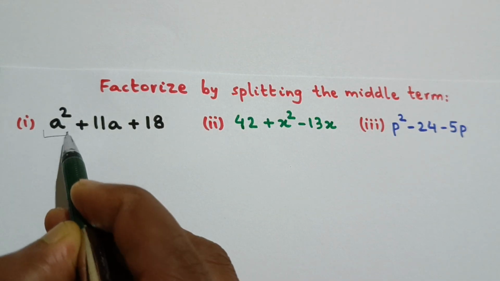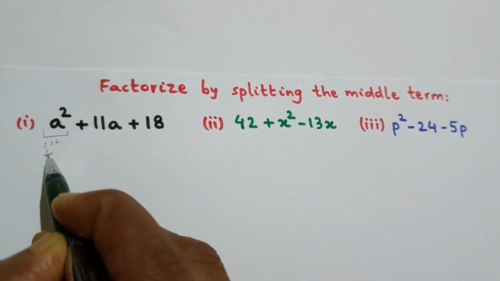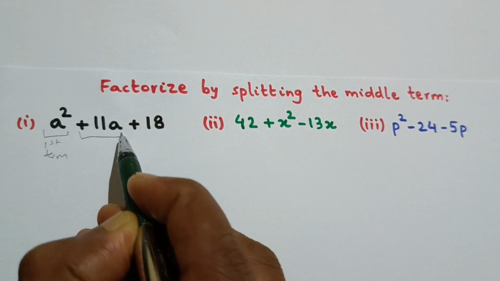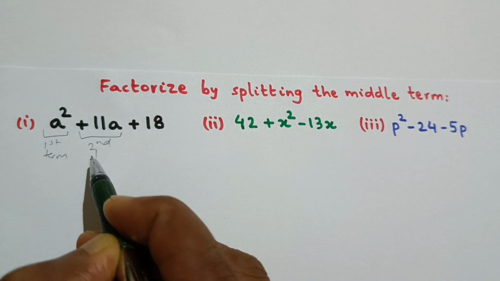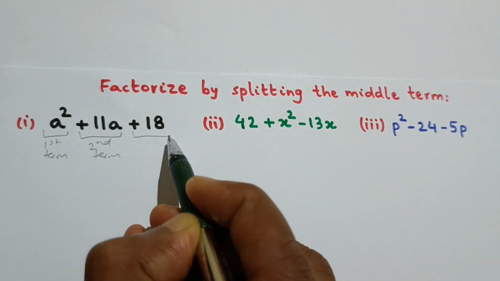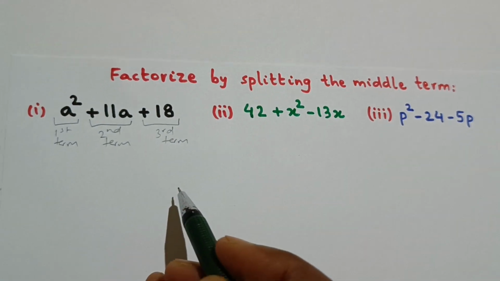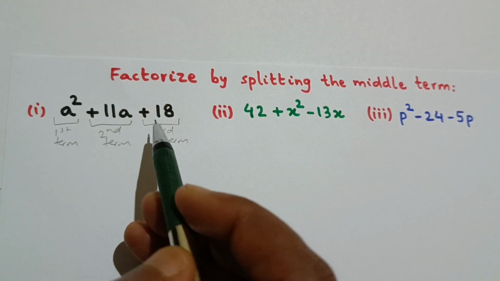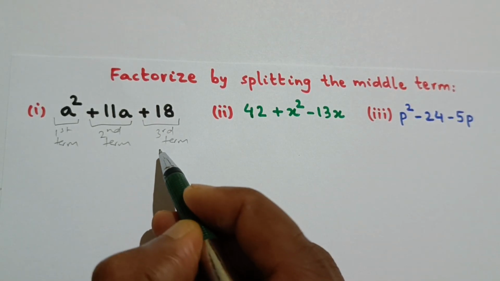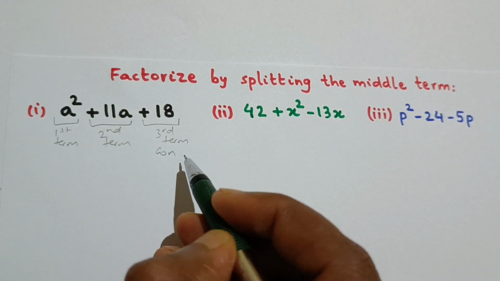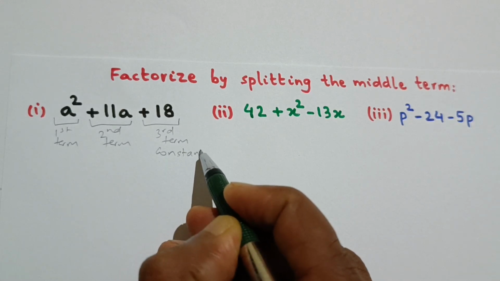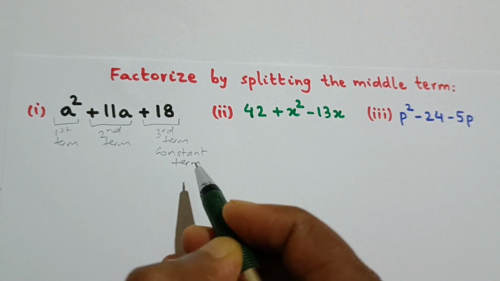So this is the first term, plus 11a, this is the second term, and plus 18, this is the third term. Here the third term is a constant term. Plus 18 is a constant term.